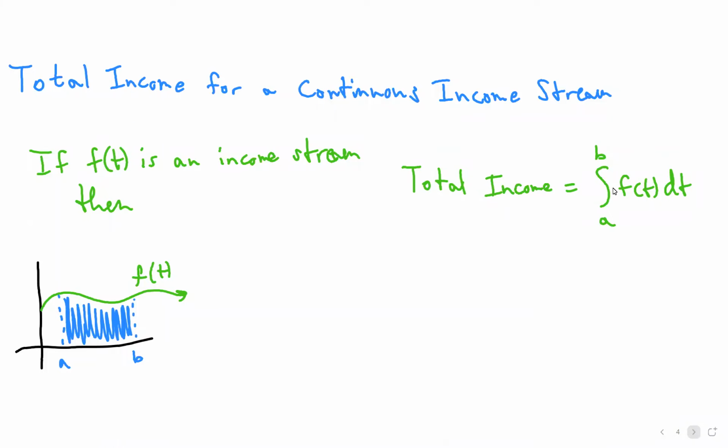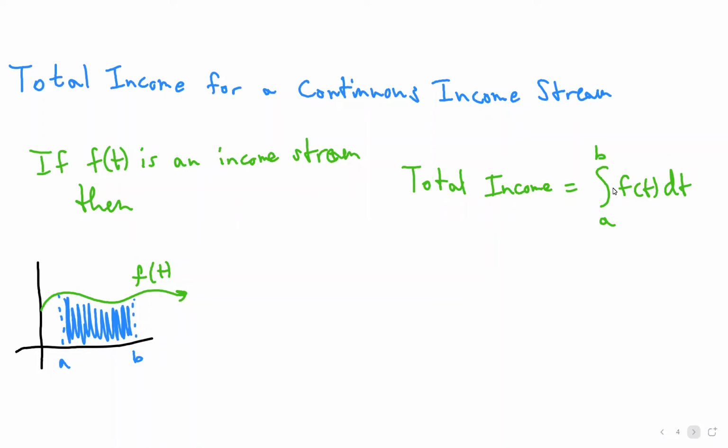So we can also talk about total income from a continuous income stream. If you have an income stream, some f of t, that represents income over time, then you're able to calculate your total income, that r of x or r of t value, if you will, by doing an integral over this f of t with respect to dt.